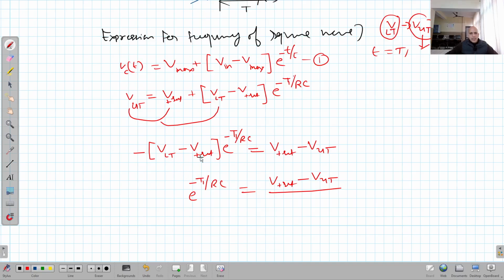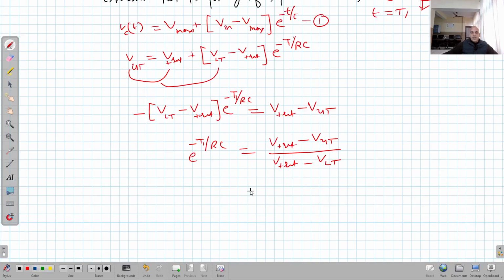This is negative, so I can rearrange it. It will become V plus saturation minus V lower threshold. Now if I take the logarithm on both sides, it will become minus t1 upon RC is equal to natural log of V plus saturation minus V upper threshold divided by V plus saturation minus V lower threshold. Clear?